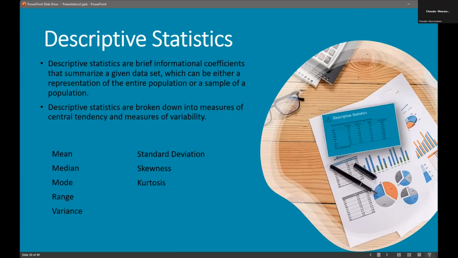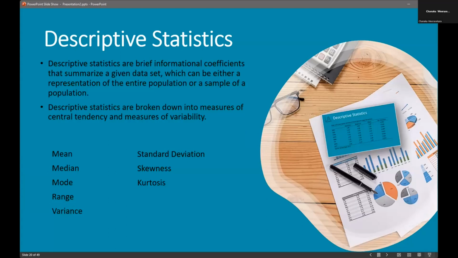Skewness also indicates how symmetric the range of numbers is. In other words, whether it is a smooth bell curve, or whether it is skewed towards right or left.